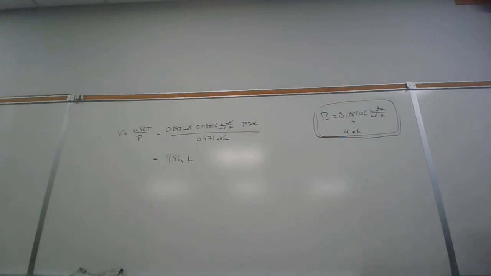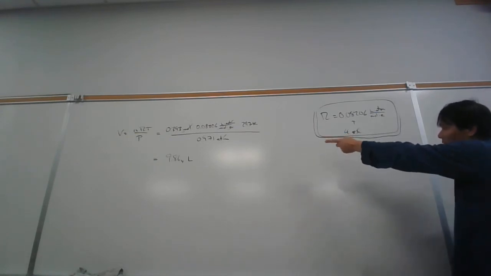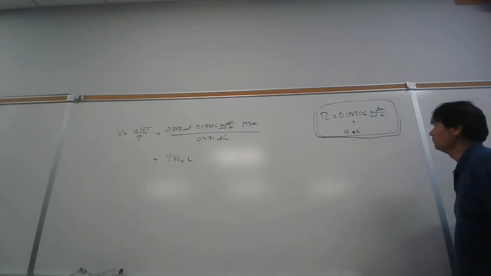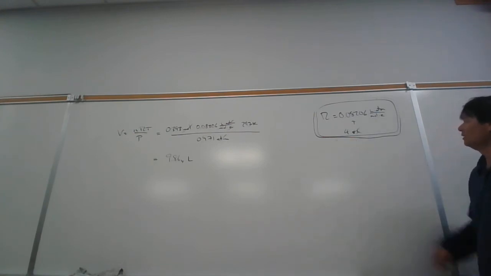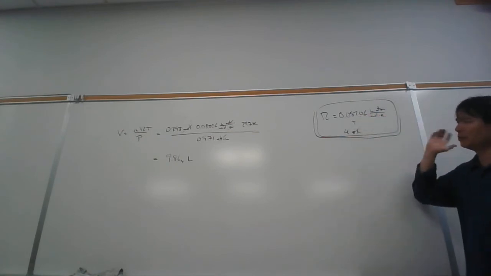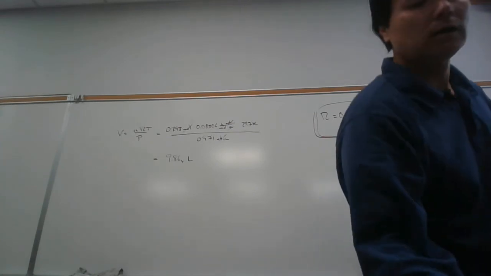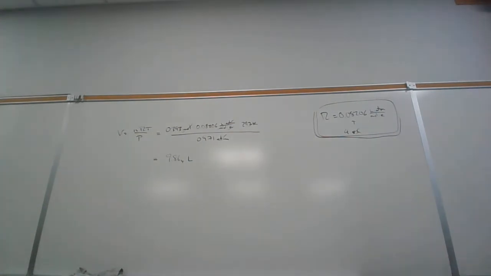For Chem 4, 3 sig figs is enough. You don't need 4, but for Chem 1A, you need 4 sig figs. So if you're continuing on in Chem 1A, it's best to use this one instead of the 0.0821. Okay, take a look at some other ones here.